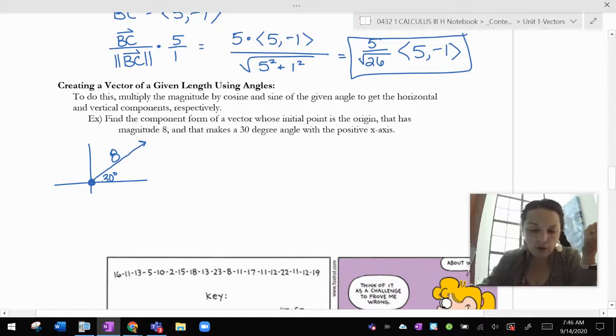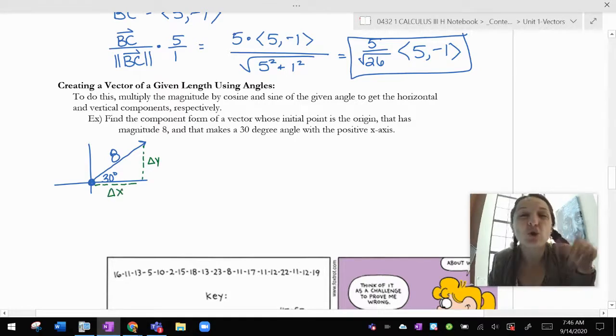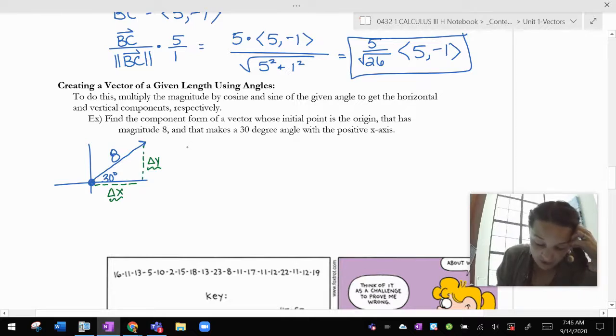Well, if I want component form, hello trigonometry. There's my vertical component, and there's my horizontal component. I'm just going to use trig. So x is the horizontal.